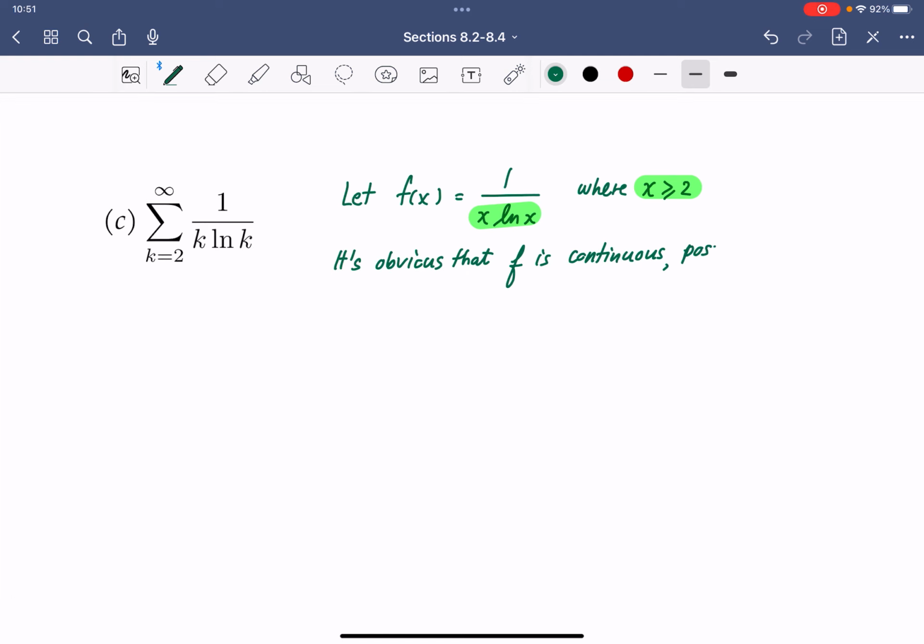It is positive for sure, because log 1 is 0, and past 1 the function is going to be on the positive side. Which means log x is going to be positive as well, and x is going to be positive as well. So it is clear that it is positive. And it is also clear that it is decreasing.